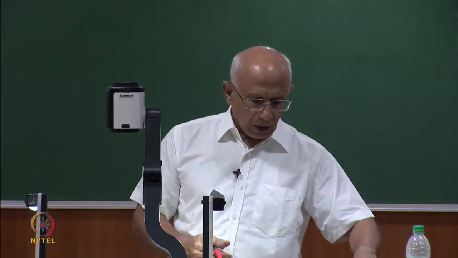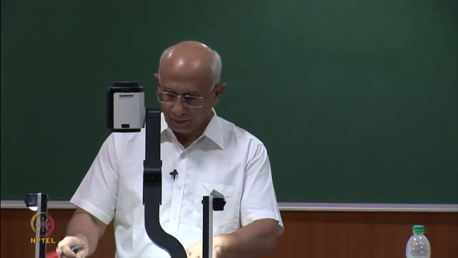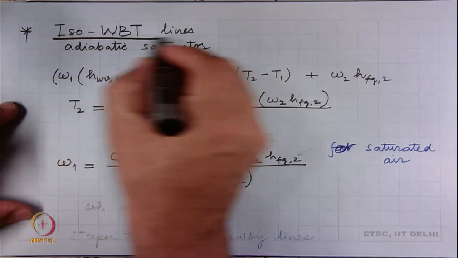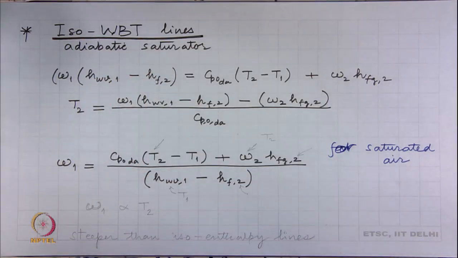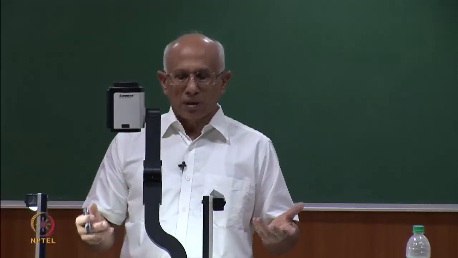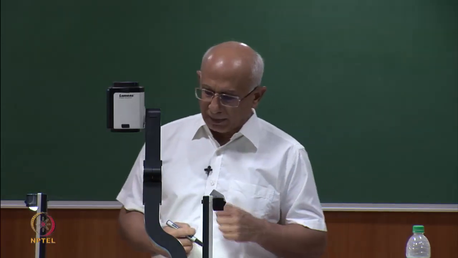Now, let us look at how we get the iso wet bulb temperature lines. The expression we got for wet bulb temperature came from the adiabatic saturator, where we have air and we are putting water in it to produce a saturated state, where the water temperature is the same as the saturated state temperature, and that temperature is the thermodynamic wet bulb temperature, which we will also continue to call the wet bulb temperature.